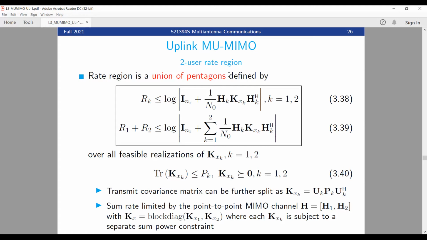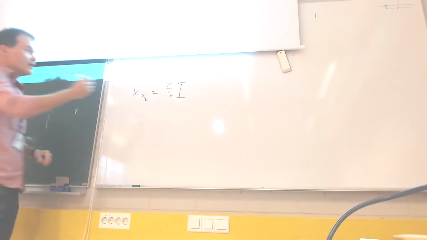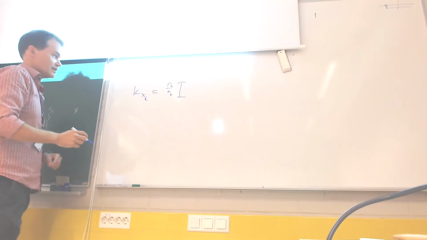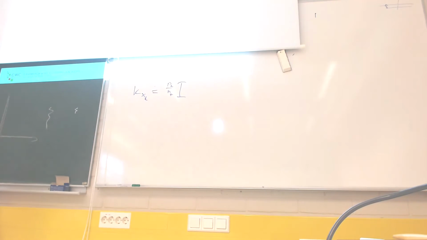Diagonal matrix, yes. And what other terms in the diagonal? P over NT, right? So dividing the power equally between transmit antennas. P over NT, this would be the transmit covariance matrix.